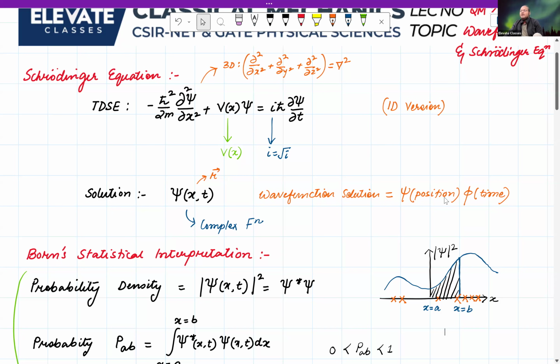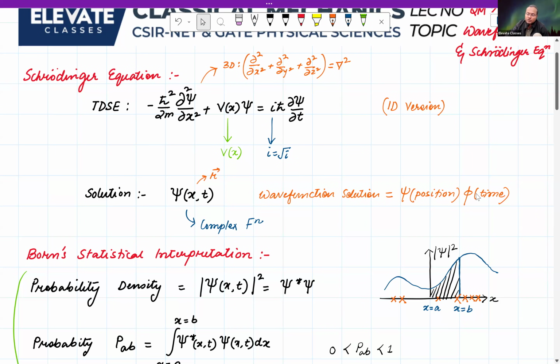If we get the probability density or probability distribution of the particle's position, because we are familiar with statistics, we can also find out the average position of the particle, right?